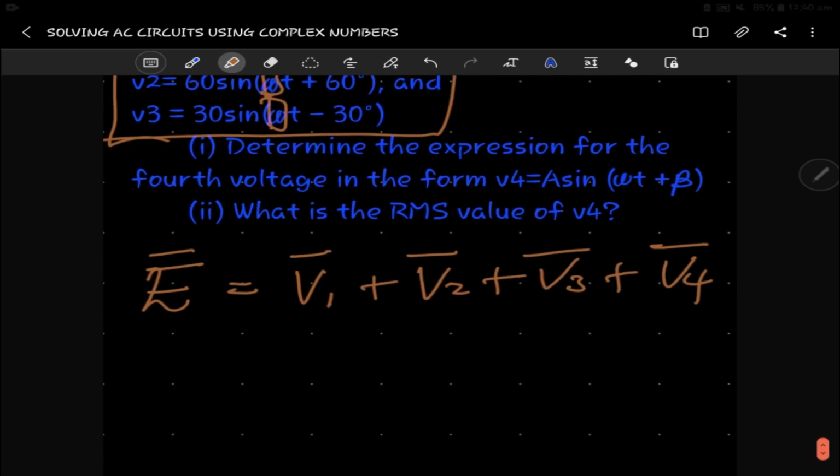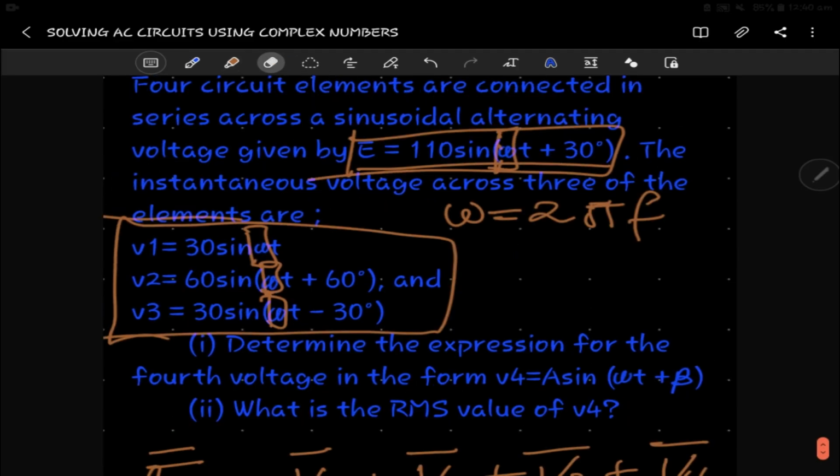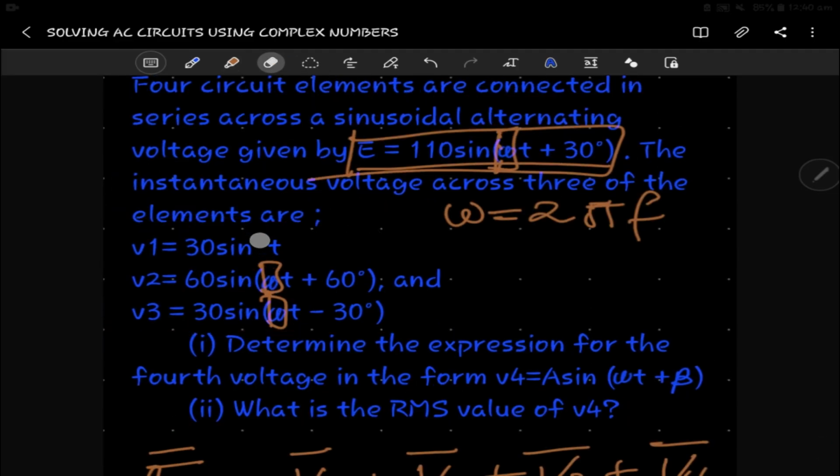Working with something like this means that each of these voltages can be represented in complex numbers, because we are using complex numbers to solve them. If you are representing V1 in complex form, it's the magnitude, the peak value, and then the angle, which is 0. This shows that the phase difference is 0.